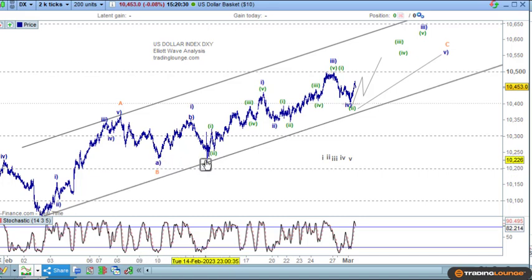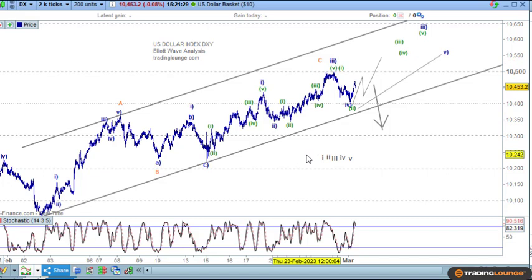But if we accommodate the spike and then go 1, 2, 3, 4 and 5 and have wave C sitting here, that's a possibility. If this was going to be down for 1 and back for 2 here, if this low is breached, then we've got a top in play here.